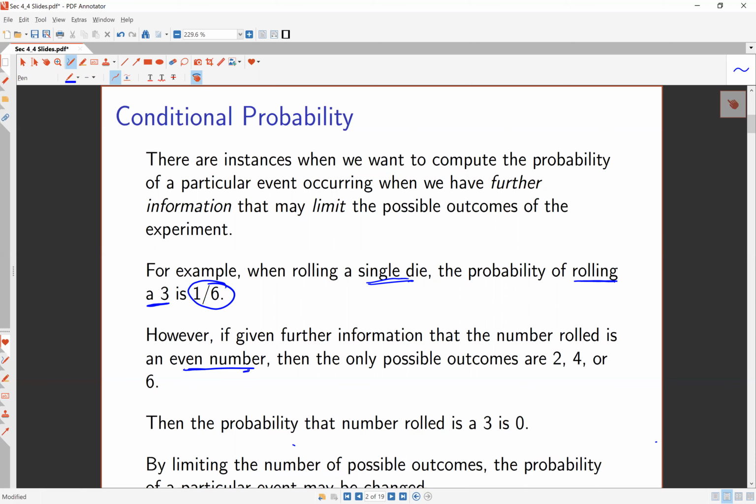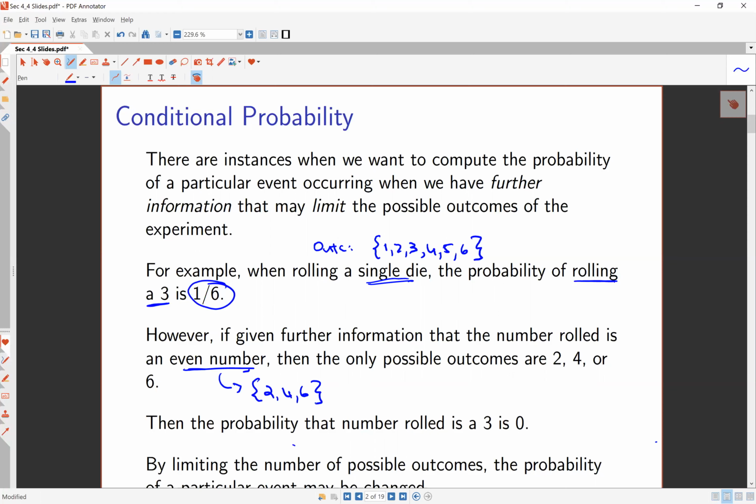So when we were just looking at rolling the die, the outcomes were 1, 2, 3, 4, 5, 6. If someone says, oh, well, we actually rolled an even number, then the only outcomes are 2, 4, and 6. So you can see how this additional information has limited the outcomes that are possible in the experiment.